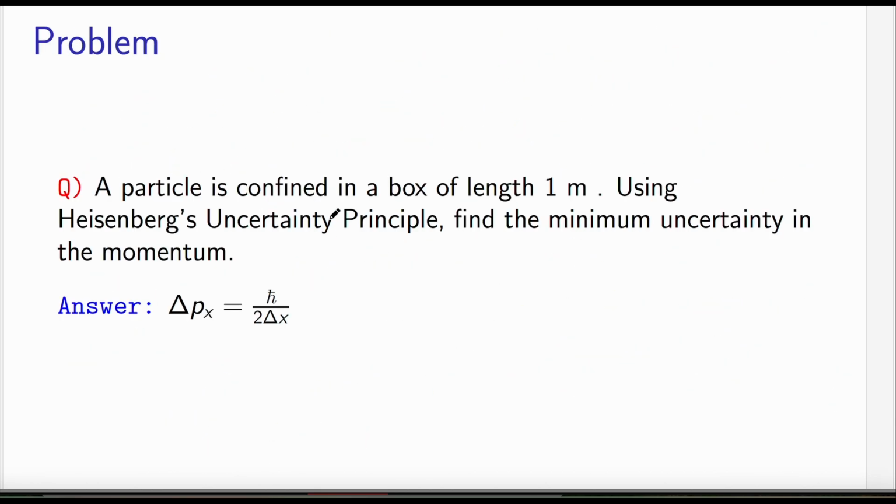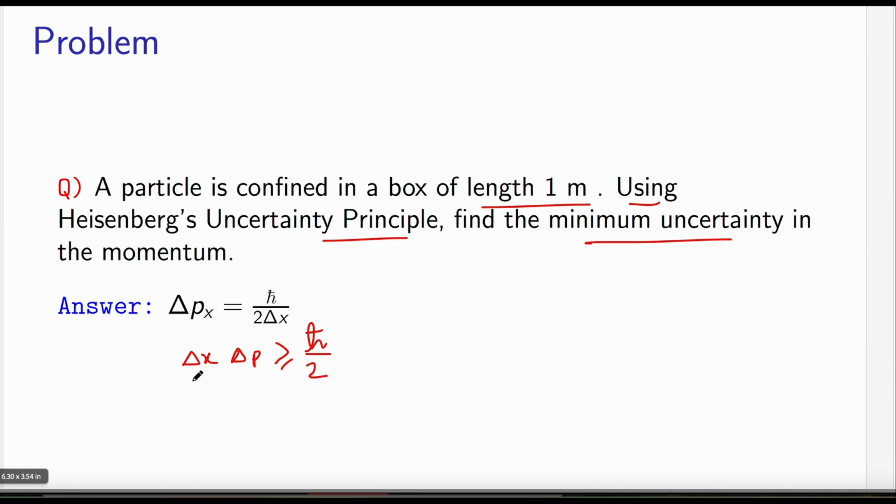So we can do a problem here. Suppose you are given a particle confined in a box of length 1 meter. Using Heisenberg's uncertainty principle, find the minimum uncertainty in its momentum. It's very easy. Delta x into delta px is greater than or equal to h bar by 2.